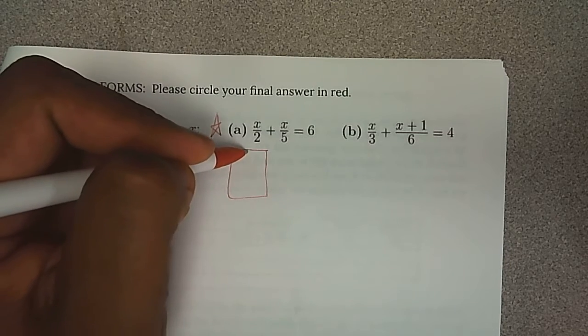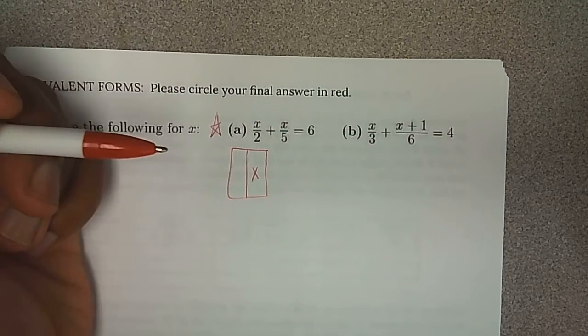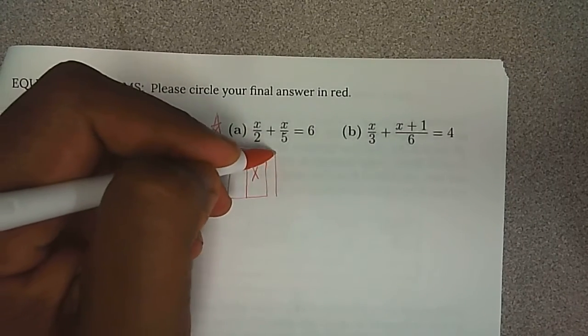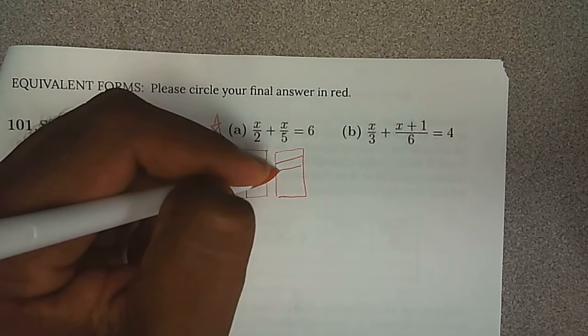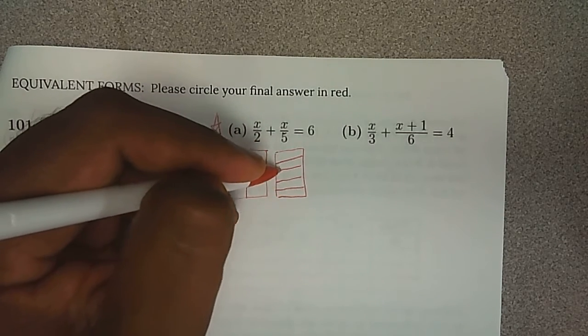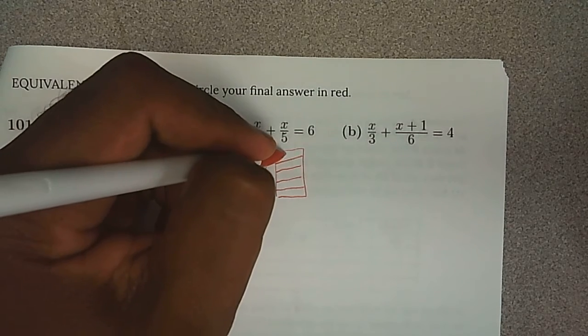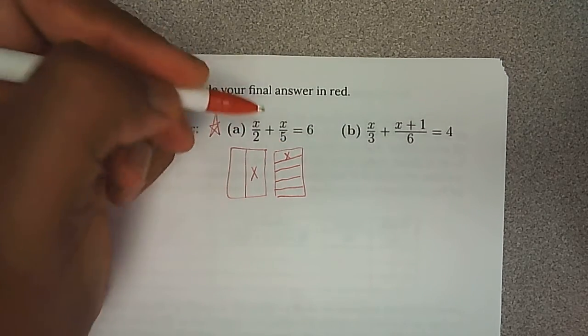So if I had a box, half of that, 1/2, is x over 2. And on this one, I split it into 1, 2, 3, 4, 5, and I get one box on this. So those sizes are different, and in order for me to do this, I need the same sizes.